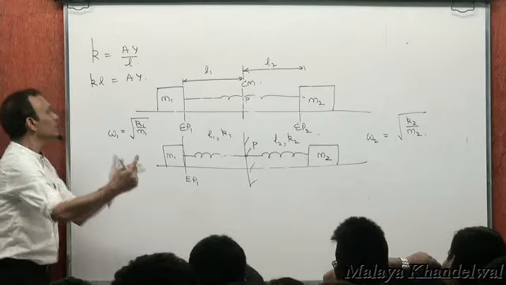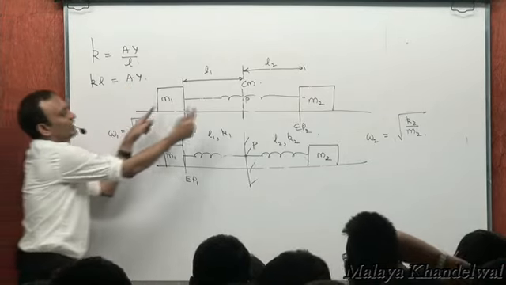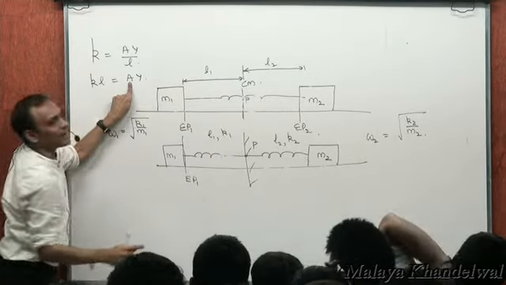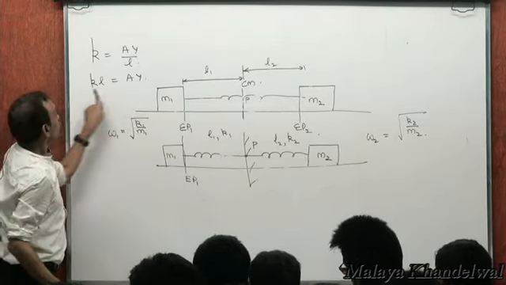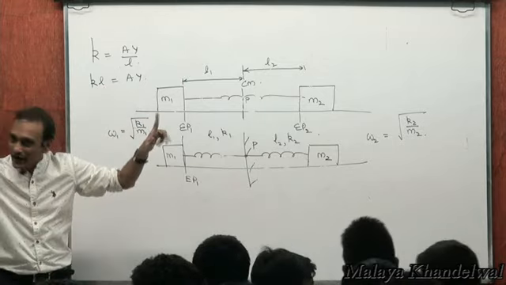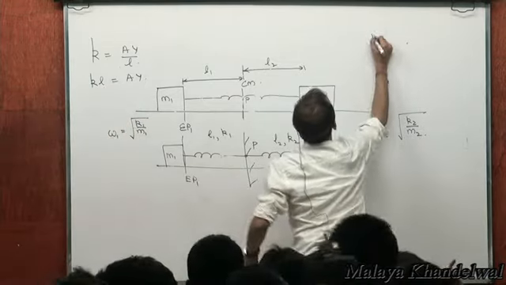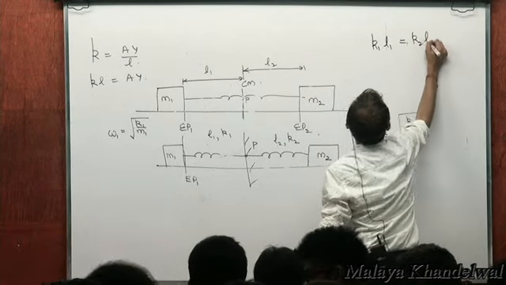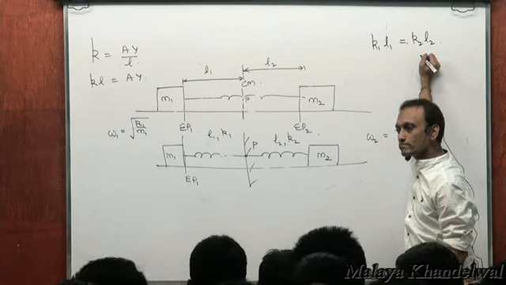Right, so since whether I take this part of the spring or I take this part of the spring, I'm talking of the same A and the same Y. So K1 L1 must be equal to K2 L2 precisely. Yes or no?